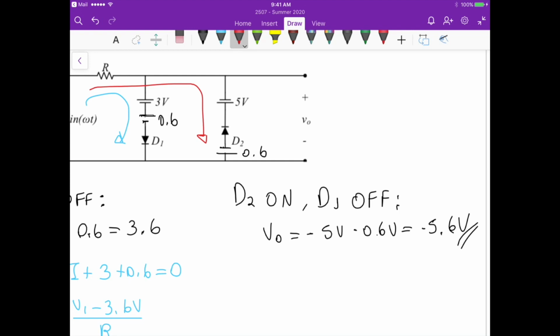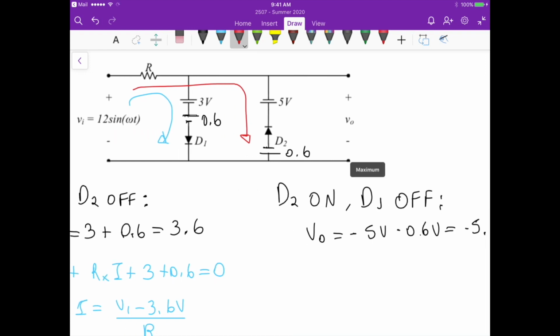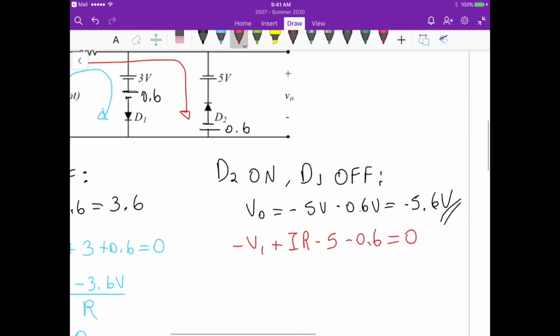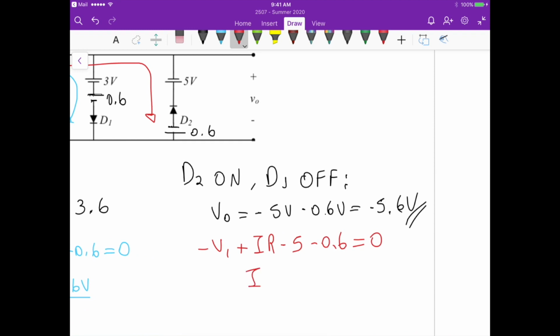If we apply a loop analysis, we get minus VI plus I times R minus 5 minus 0.6 equals 0. In this case, I equals VI plus 5.6 divided by R.